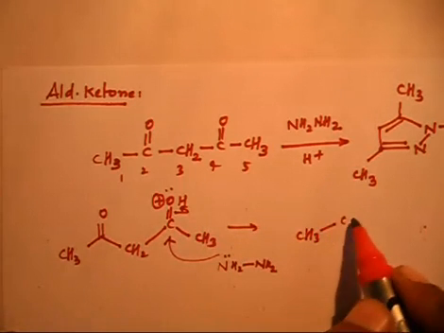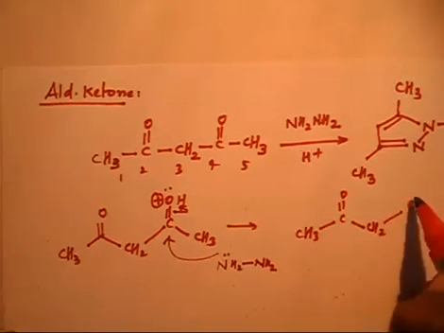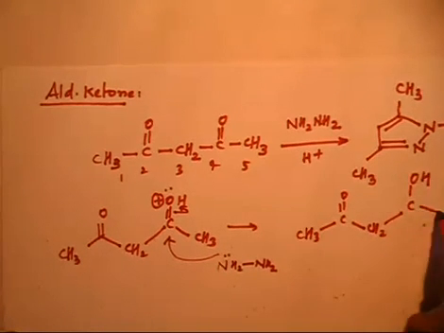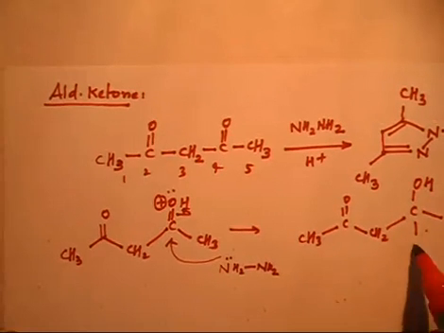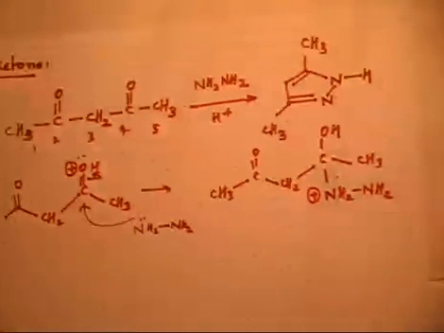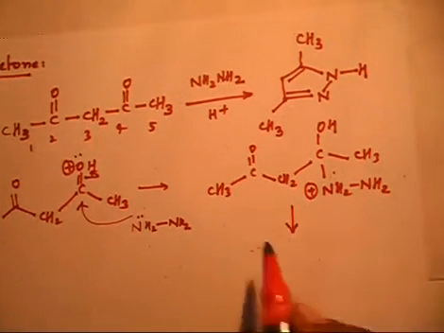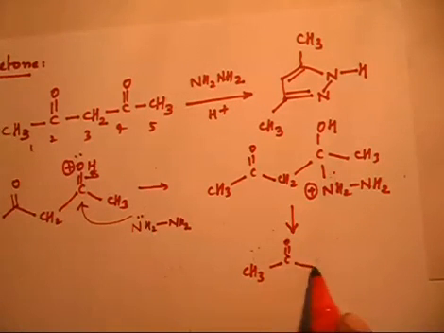CH3, CO, CH2, COH, and then CH3. Now you have NH2, NH2. Now this nitrogen will have a plus charge because nitrogen is getting 4 bonds. So now you have to remove H plus from here. If you remove H plus, you will have CH3, CO, CH2, OH, NH.